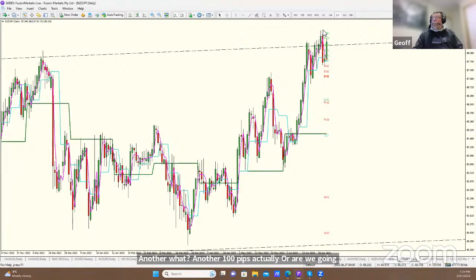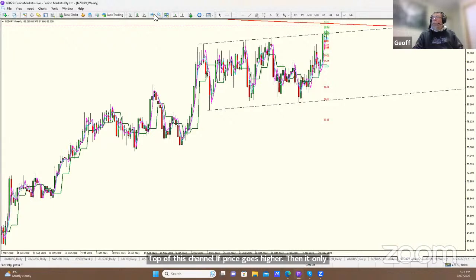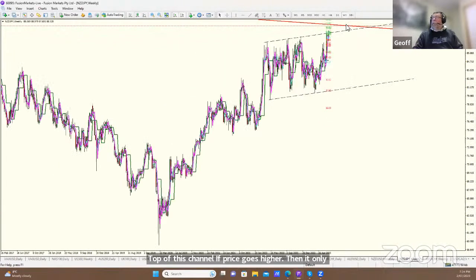So same applies. I've got a hint here, bearish engulfing bar. I need a lower high to get me into the game here off the top of this channel. If price goes higher, then it only whets my appetite more because it's gone to the confluence area that I suggested before, 89.5.